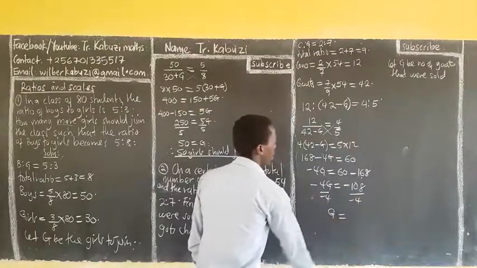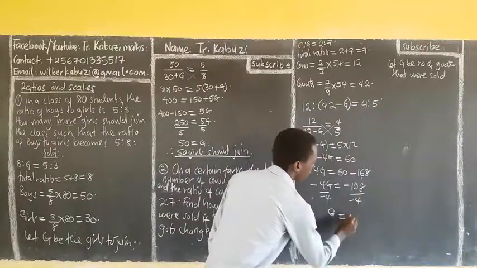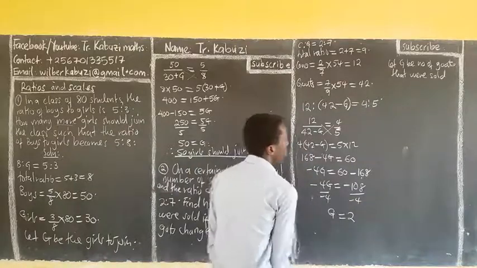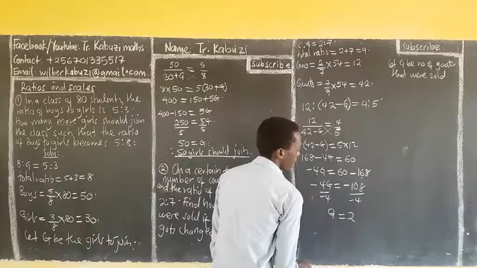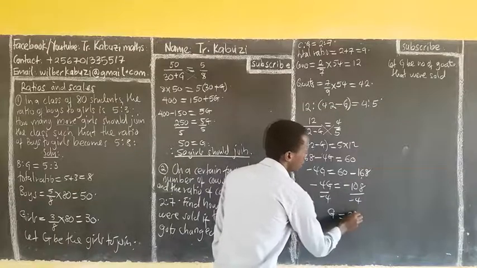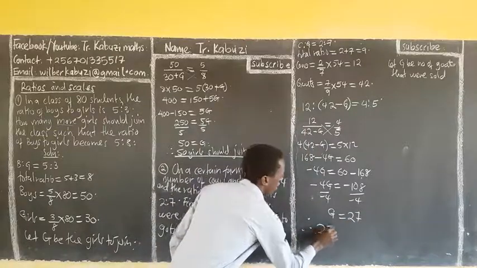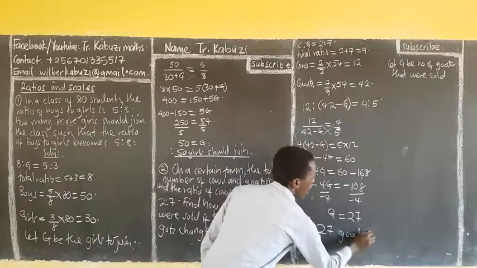So 4 goes in 10 two times, 2 remains, you carry the 2, 4 goes in 28, how many times does 4 go in 28? I think 7 times. This means that now D is 27, so 27 goats were sold.